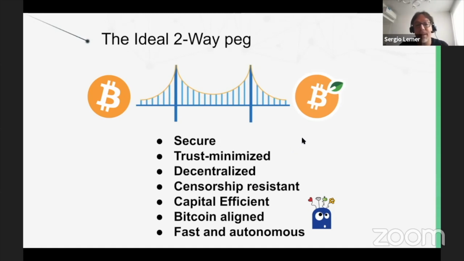So we've built a bridge that is secure, is trust minimized, is censorship resistant, is capital efficient because there is no other collateral. It's Bitcoin aligned. You can have fast and autonomous peg-ins and peg-outs, but obviously we cannot make it fully decentralized until we get the drivechain implemented in Bitcoin itself.